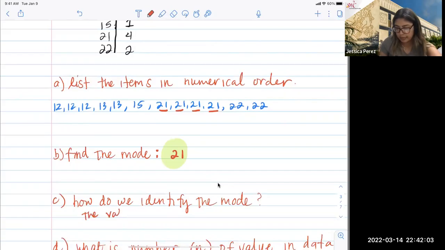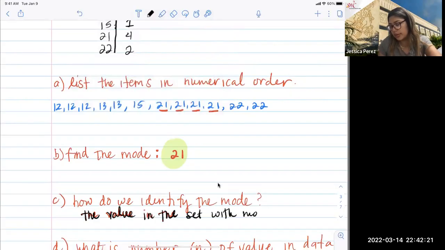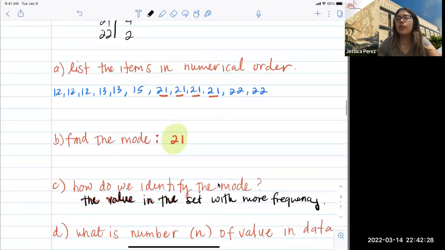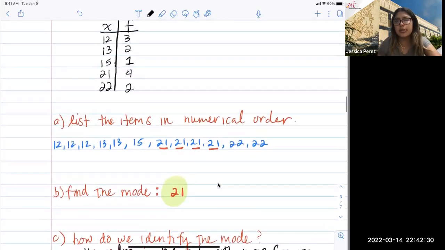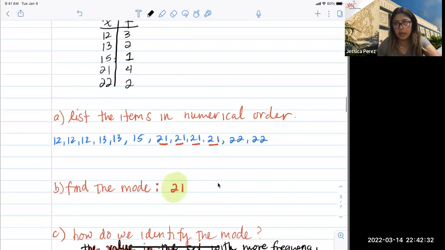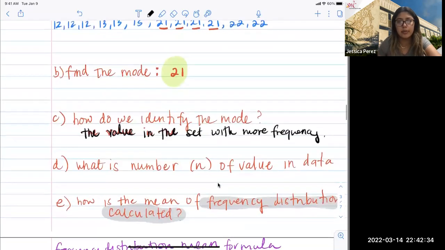It's the value in the set or in the sample with more frequency. That is what the mode is. So who has more frequency? Well, 21 does. So that's how we identify the mode.